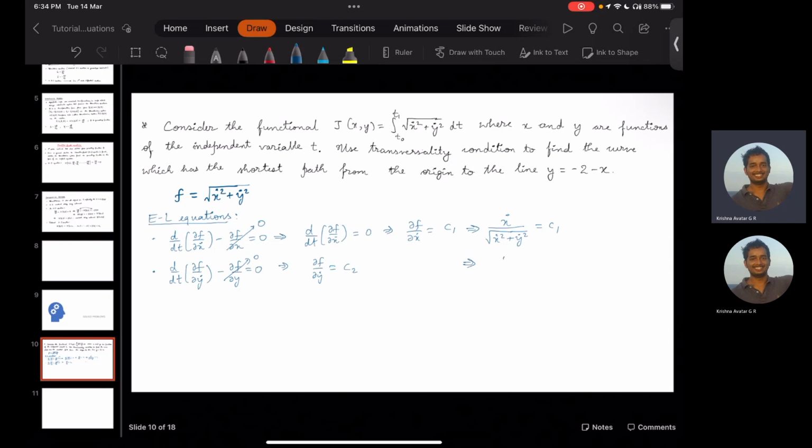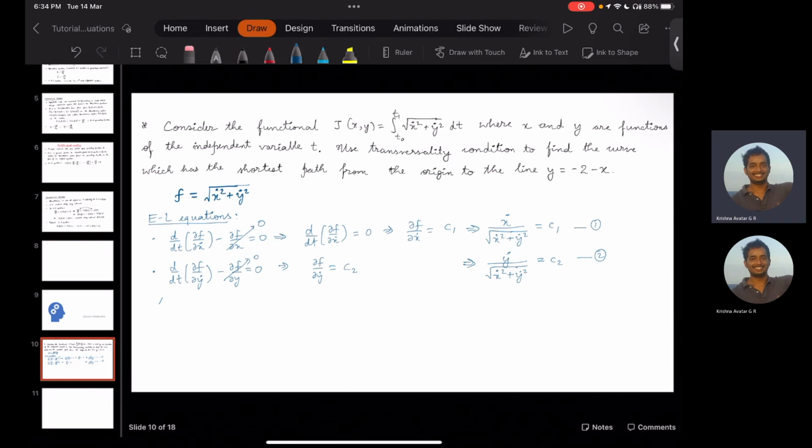So essentially this implies that y dot by root over x dot squared plus y dot squared is equal to c2, isn't it? Now let's name this equation 1 and this as equation 2.